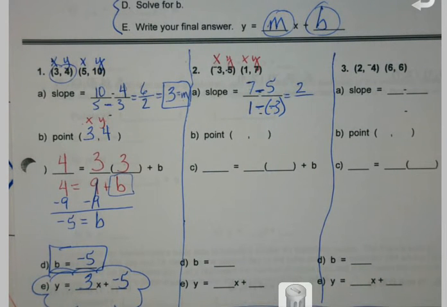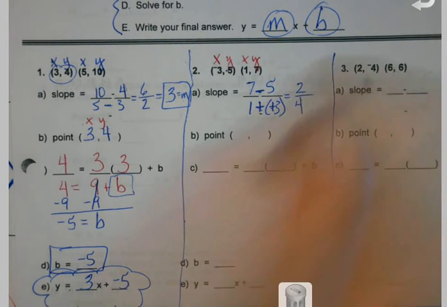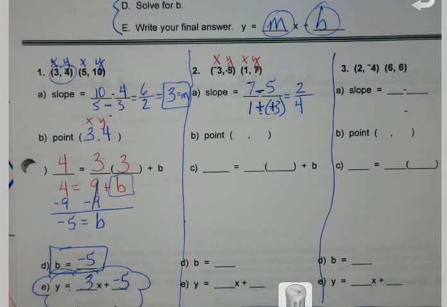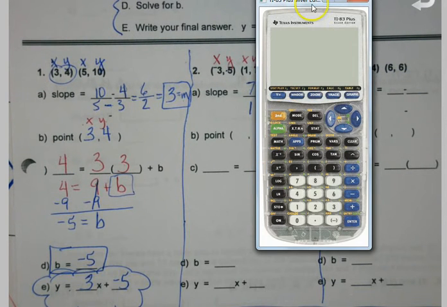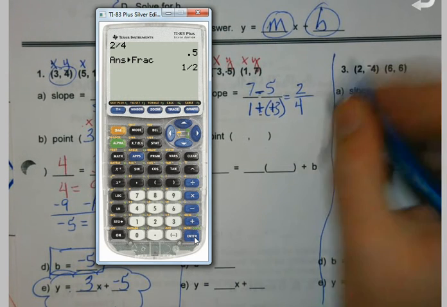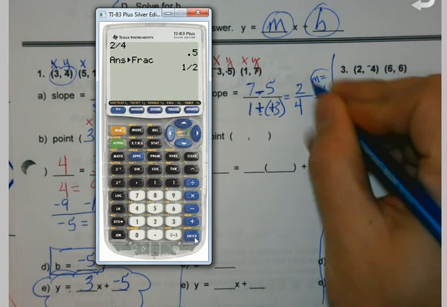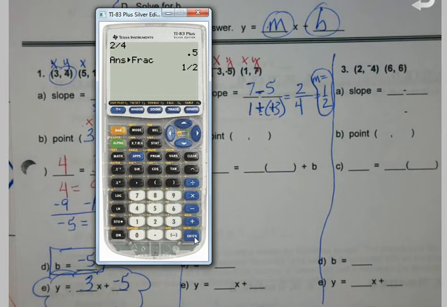Plus a positive. 2 over 4. Now, be careful. If you can reduce fractions, you really do need to. So in this case, 2 divided by 4. Do not give me a decimal. 1/2. So my m equals 1/2. I got half of what I need.